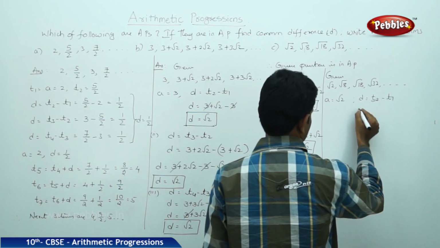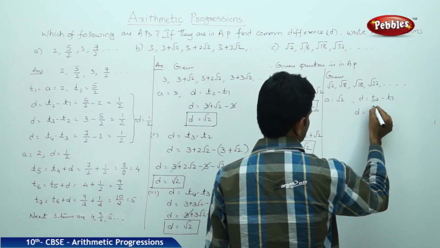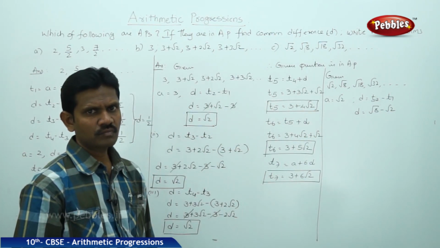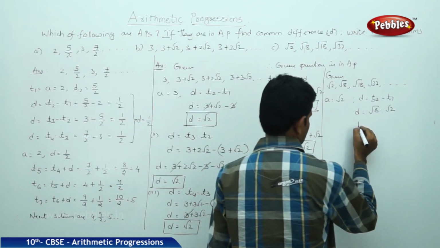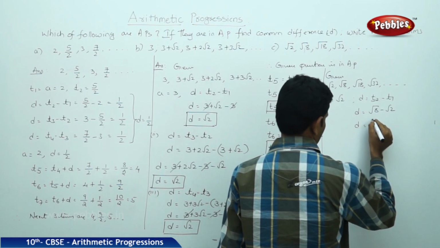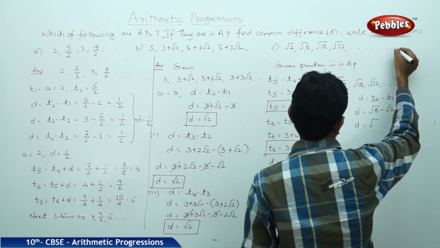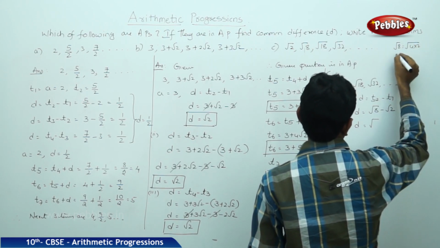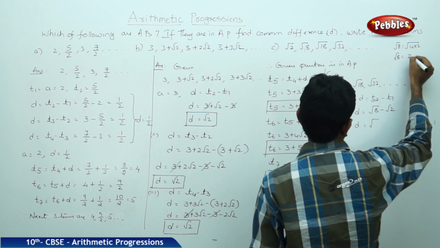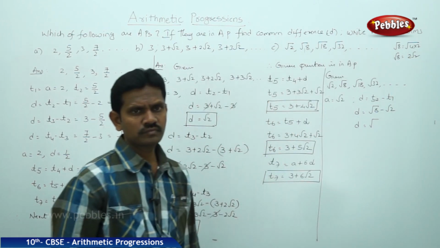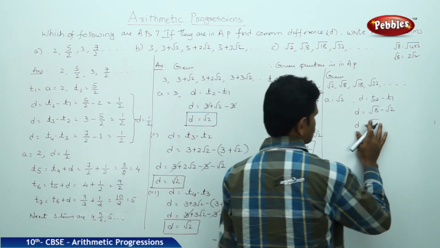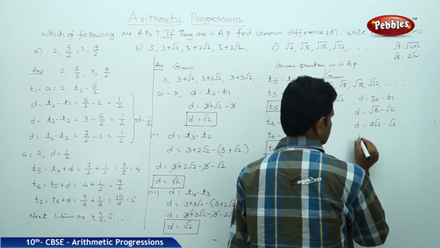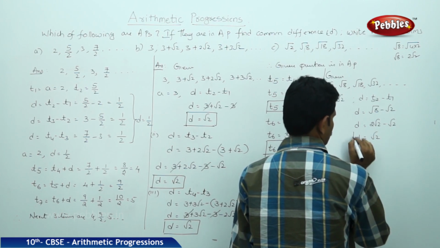That is D is equal to T2, root 8, minus root 2. Root 8 can be broken down into 4 into 2, root 8 is equal to 2 root 2. That is 2 root 2 minus root 2, that is D is equal to root 2.